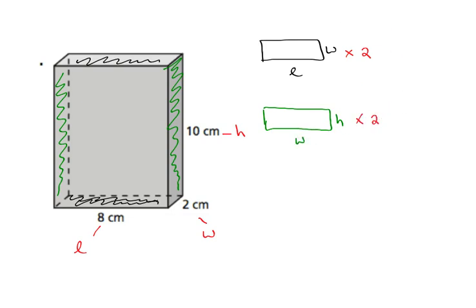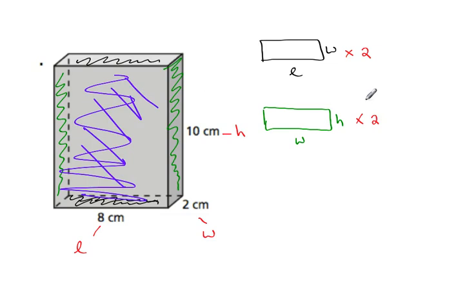And then lastly, I'm going to look at the front here, and I'm looking at the back as well. That's also in the shape of a rectangle. And what dimensions am I using to find the area of those rectangles? The length and the height. And how many do I have of those? Times 2.